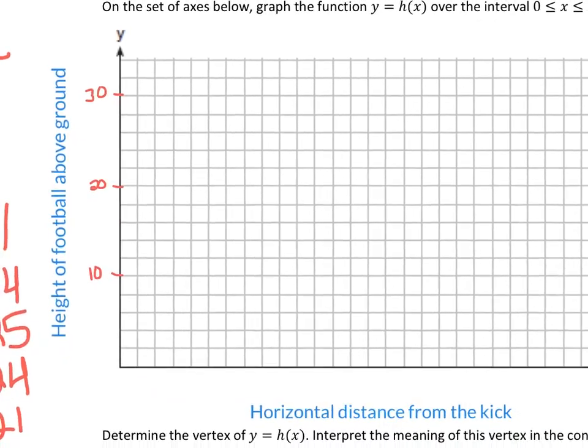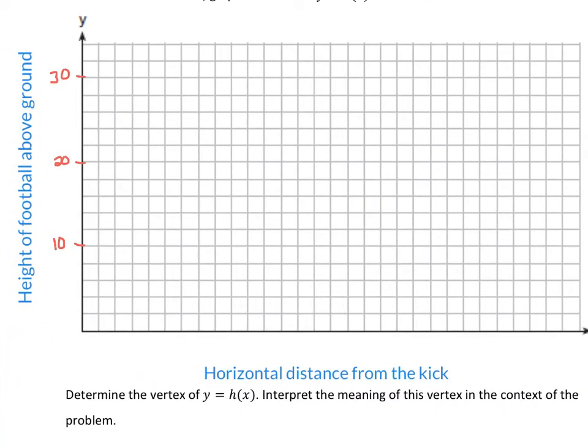On the x-axis, again, we're going from 0 to 150. This one, if we count it out, it looks like we can count by fives, and that would actually be perfect. However, zero's in the corner, and I'm not going to put in every number, so I'm going to count by tens.